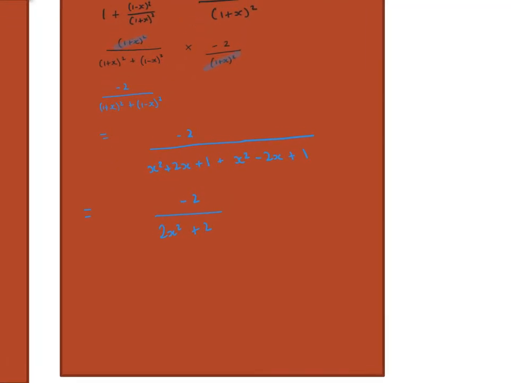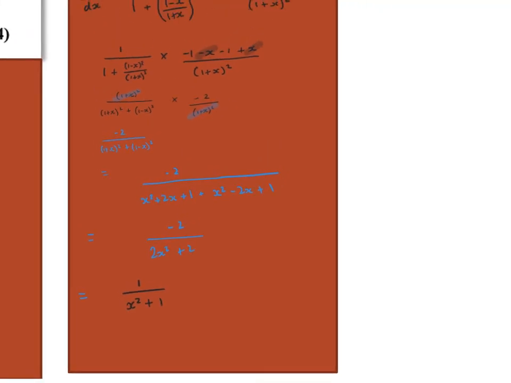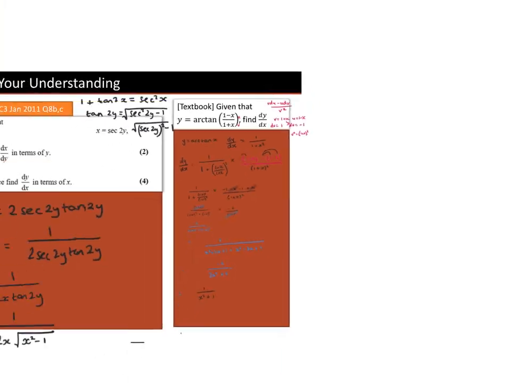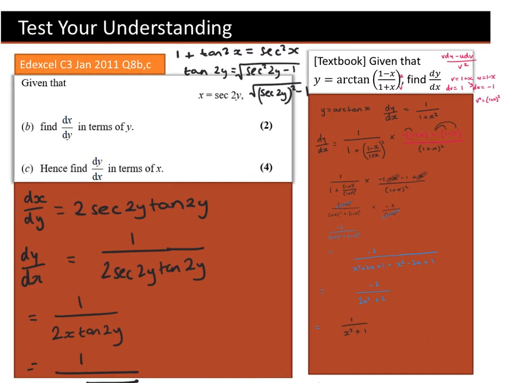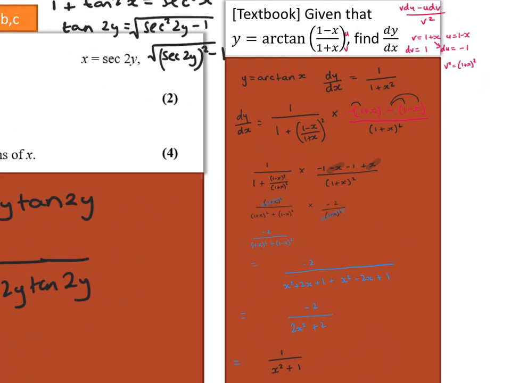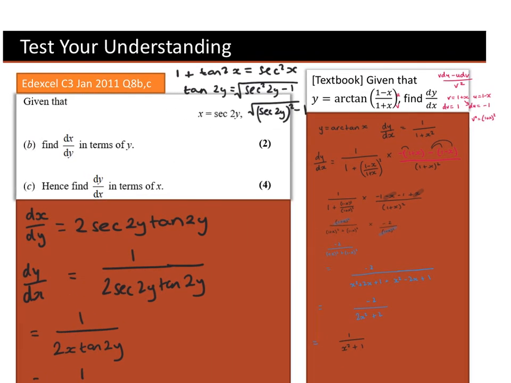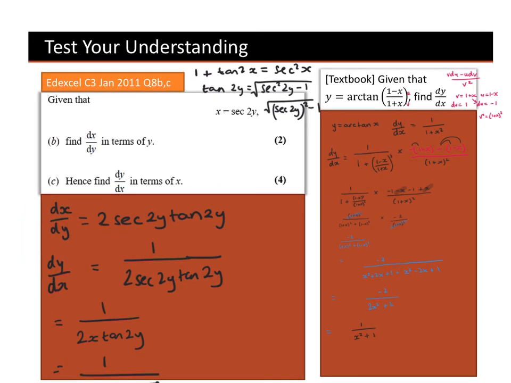I can cancel a 2 from everything. So I'm going to get 1 over x squared plus 1. Okay? Now it's really important to note that sometimes there are definitely quicker ways to find the solution. If something is taking you a long time, stop, start again.